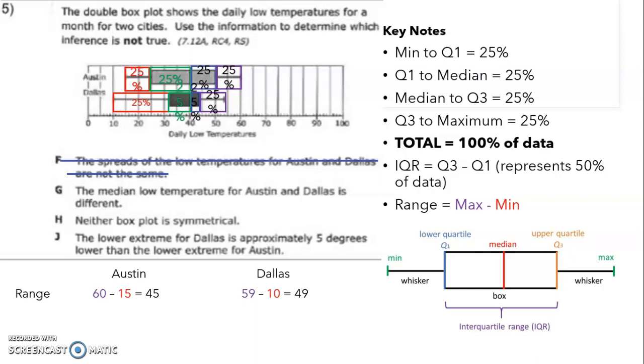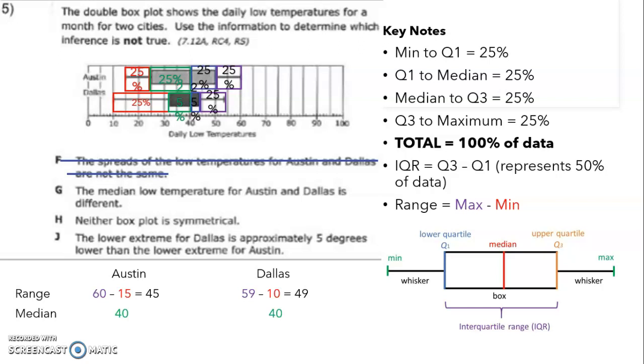Go on to H. It says neither box plot is symmetrical. Okay, symmetrical means that they have to be the same on both sides. When they're symmetrical, that means both whiskers have to be the exact same size, such as in our main example on the bottom right hand side.